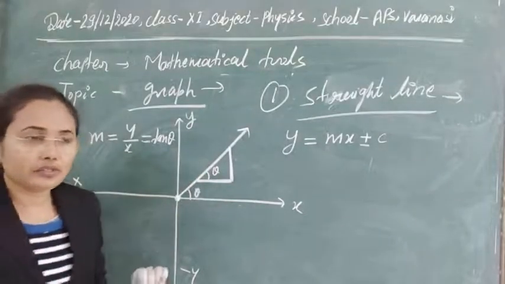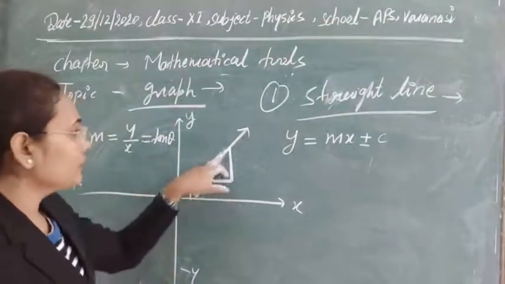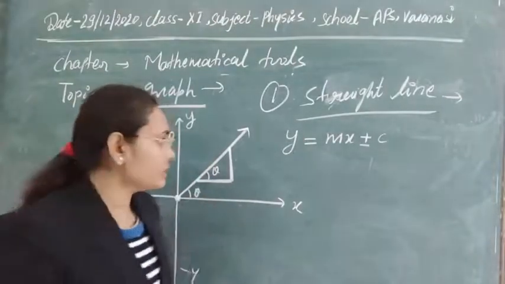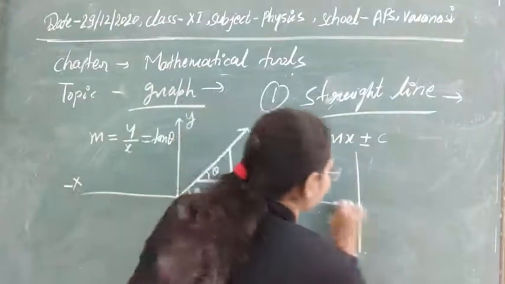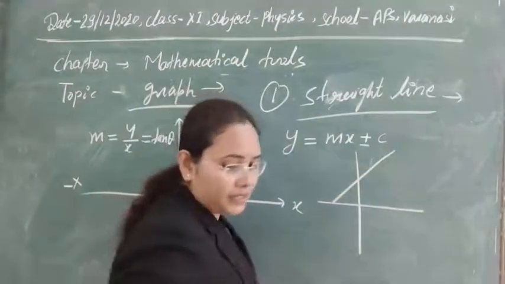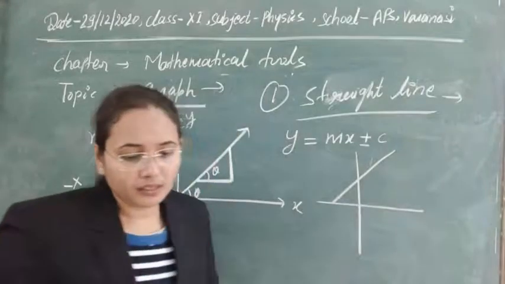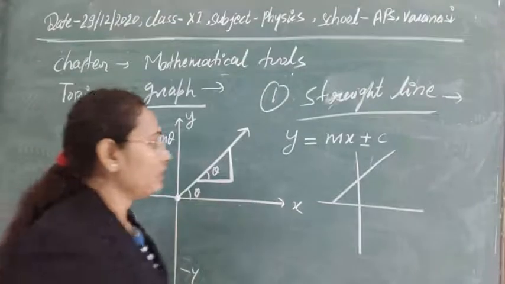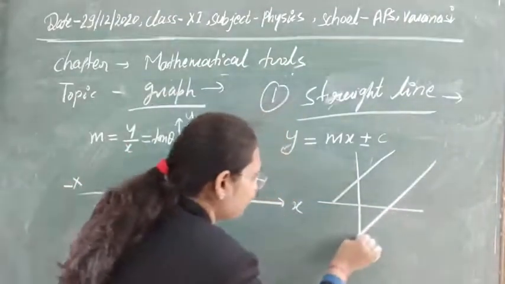The intercept concept arises whenever the straight line does not pass through the origin. Suppose it is passing in this way, or this line can pass in this way, or also in this way.